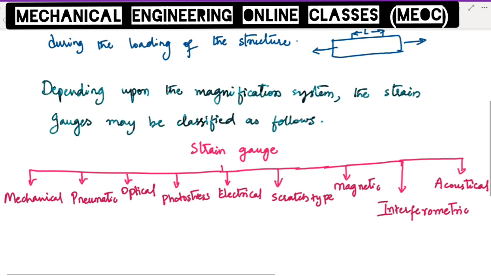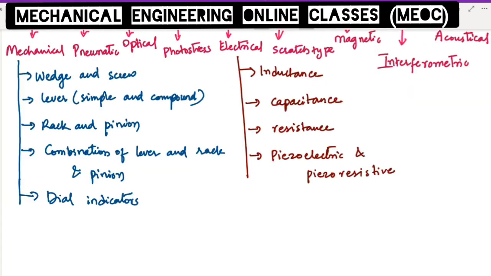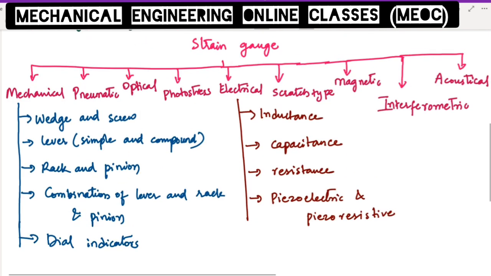And these are further classified as follows. I have listed a few important sub classifications of mechanical type and electrical type strain gauges. Under the mechanical type strain gauges we have wedge and screw type, lever, simple and compound, rack and pinion, combination of lever and rack and pinion type, and dial indicators.